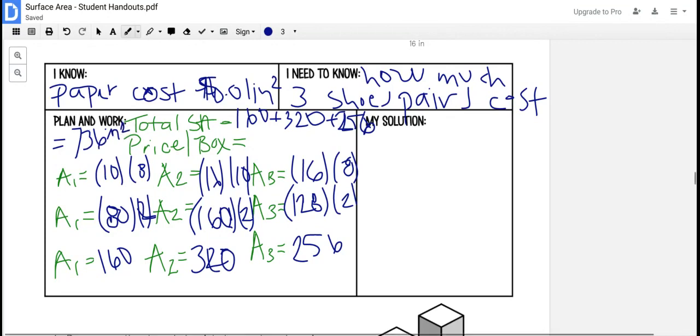So 736 inches squared. So then the price per box we are able to calculate by knowing that each one of these 736 inches cost a penny.